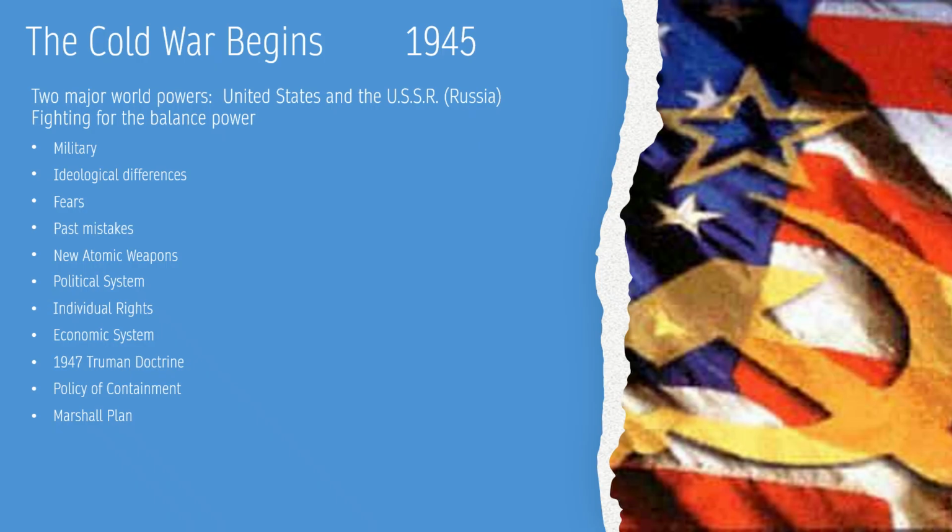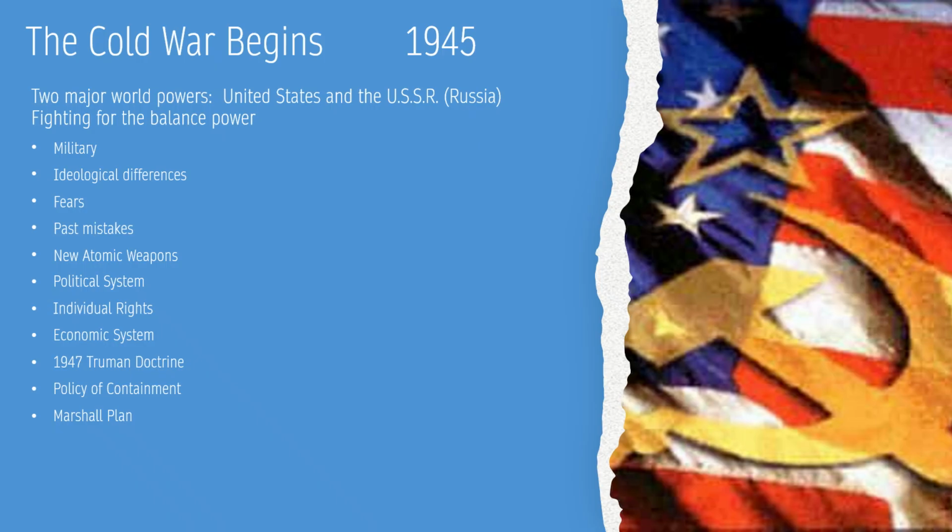So the United States is looking at their pre-war mistakes, feeling like they should have gotten involved and maybe things wouldn't have been the way they were. And then they're also looking at the policy of appeasement that their European allies used, which was giving in to Hitler as he was breaking the Treaty of Versailles.